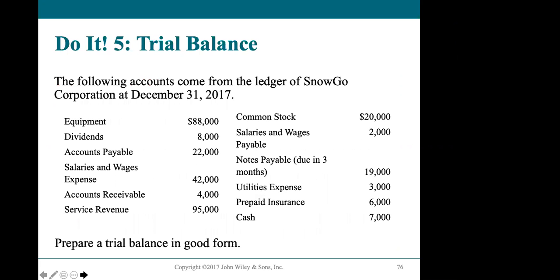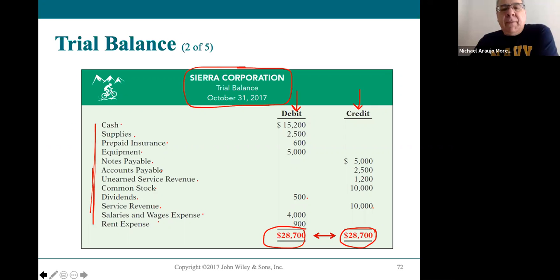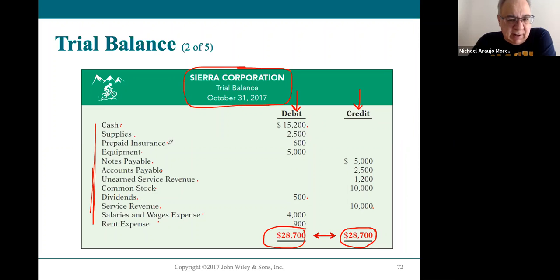Excuse me, I missed it, but why were all the debits up at the top and the credits near the bottom? What's the organizational reason for that? Because cash is an asset account. Assets have debit balances. Are those all current asset accounts? Well, cash, supplies, and prepaid insurance are current assets, but equipment is property, plant, and equipment, and it has a debit balance.